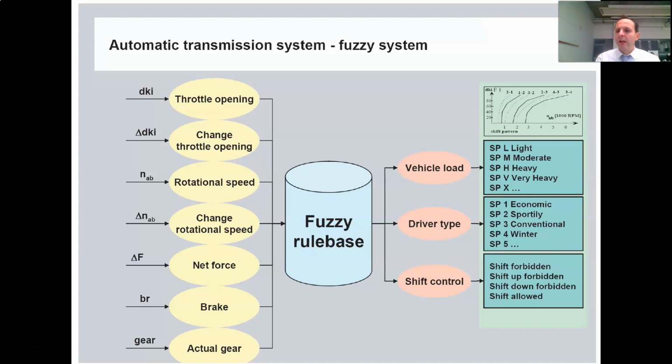So you can implement in this way a fuzzy PID controller, and then you can take into account the net force acting on the system, the brake, and the actual gear.